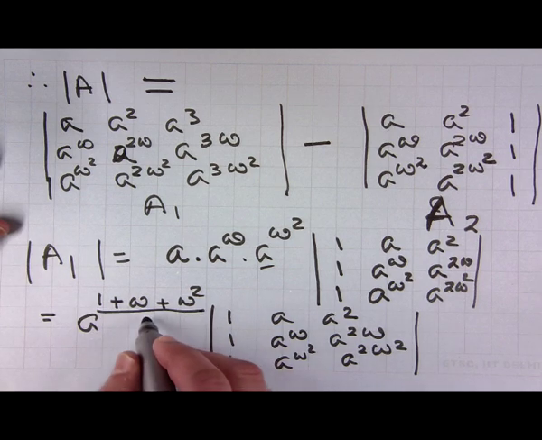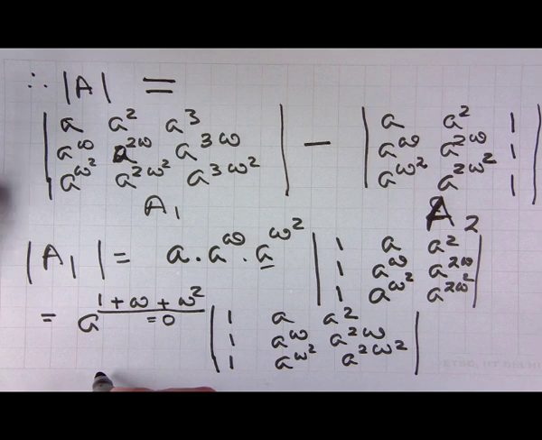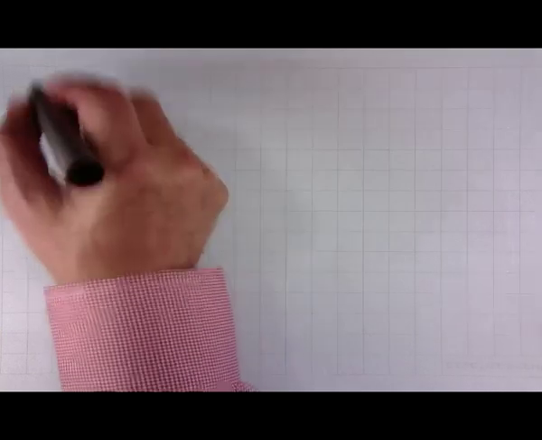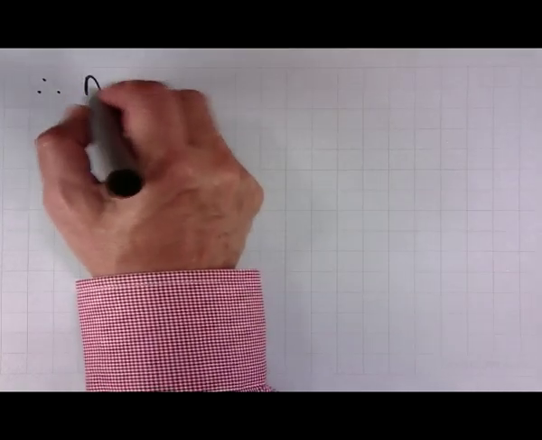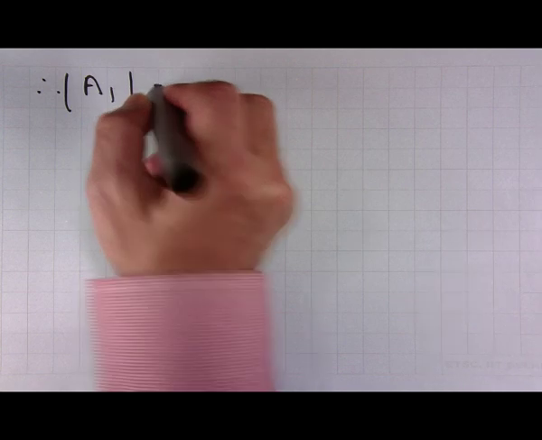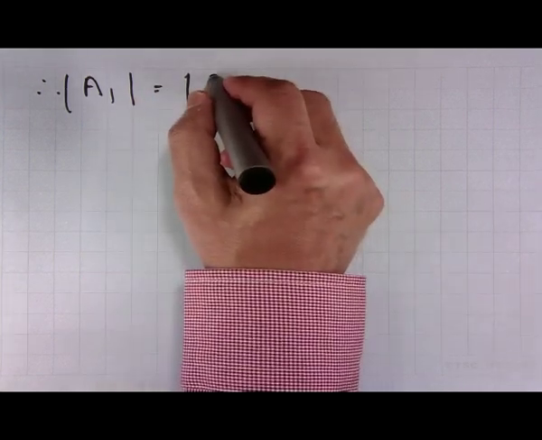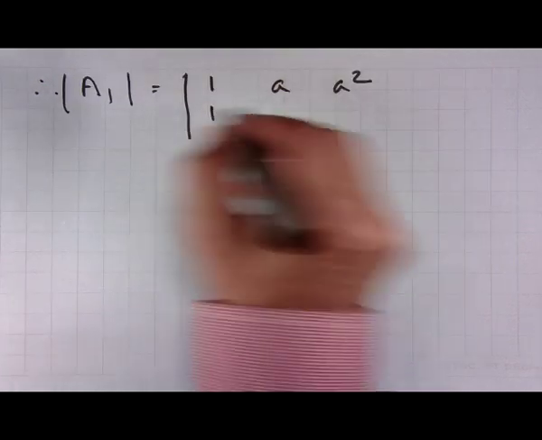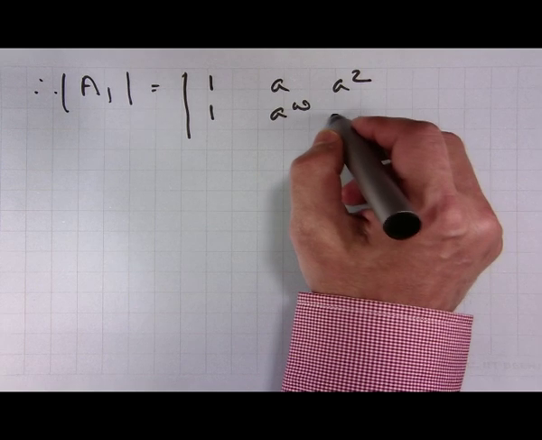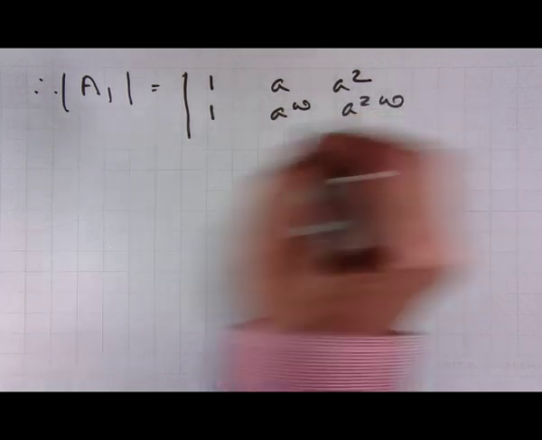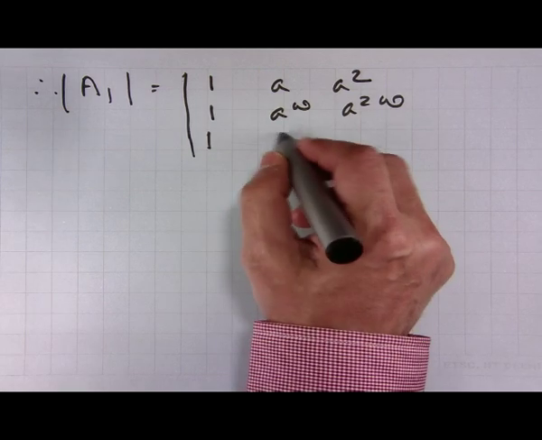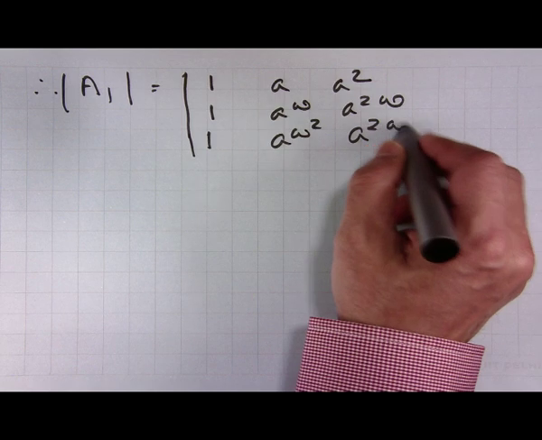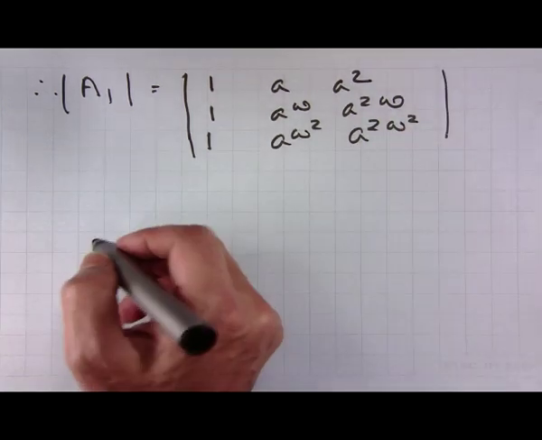Since this quantity is equal to 0, therefore, determinant of A 1 is equal to determinant of 1, a square, 1; a to the power omega, a to the power 2 omega, 1; a to the power omega square, a to the power 2 omega square.